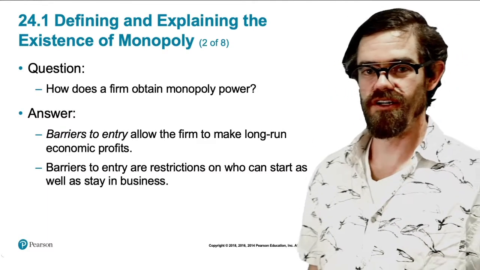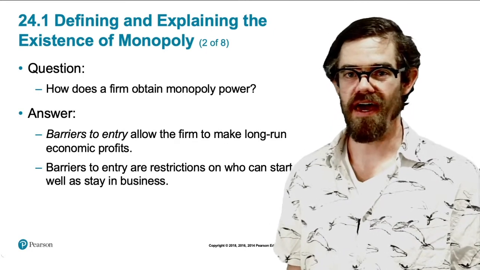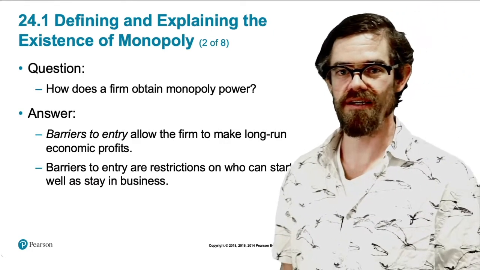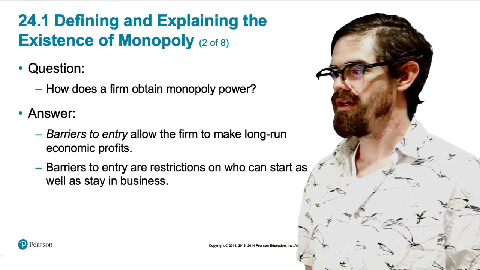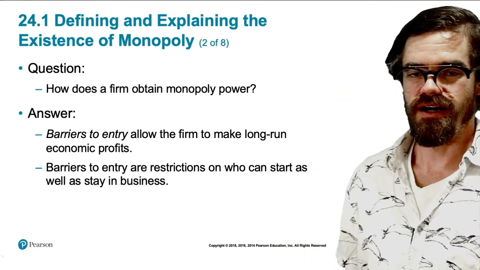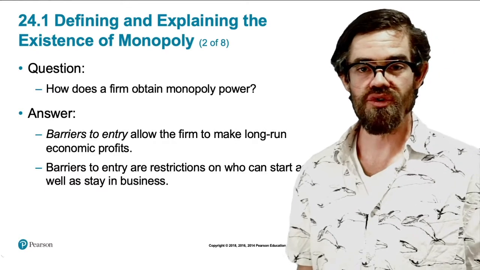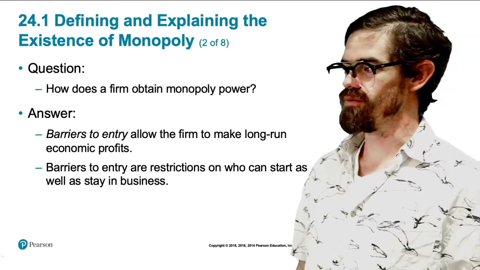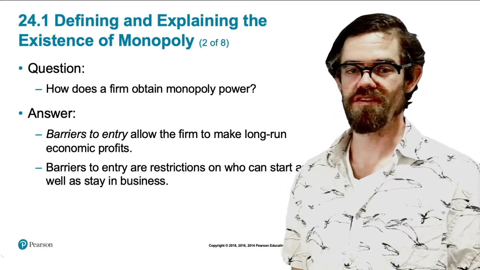So a good question then is, how do monopolies obtain their power? How do firms obtain monopoly power? The answer is either by creating or enjoying some kind of barrier to entry that allows the firm to make long-run economic profits.